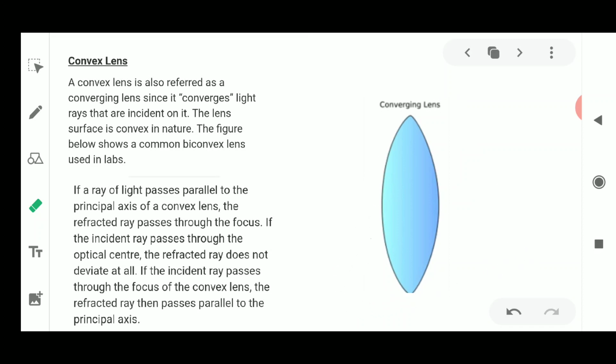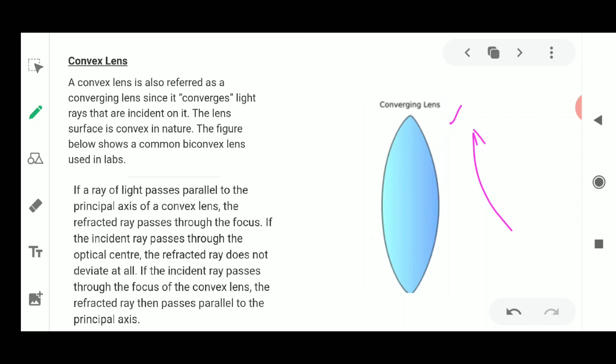First of all, this lens is a convex one. How will you recognize this? The main idea behind showing this diagram is that you should always understand how to draw the actual shape of this converging lens or the convex lens.